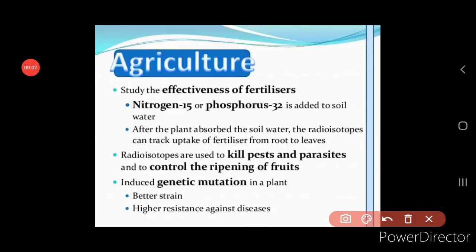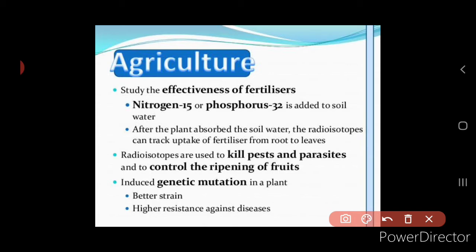Now let's see the uses of radioactivity. Now we said that certain elements emit radiation, isn't it? And these elements are called radioactive elements, and the phenomenon is called radioactivity, right? So many radioisotopes are obtained from this phenomenon, and these radioisotopes have a variety of applications in the fields of medicine, agriculture, industry and archaeological research.